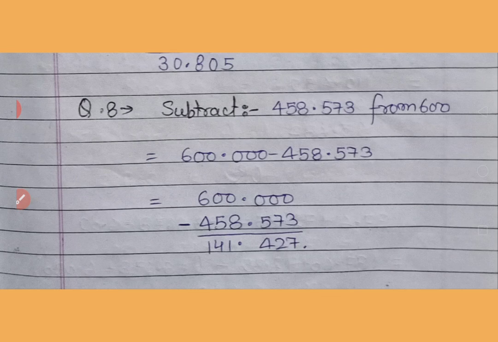Next question is the same: 458.573 from 600. So 600 is a whole number. We have to also change it into like decimals. After the decimal here are 3 digits, so we have kept 3 digits. So 600.000 minus 458.573.